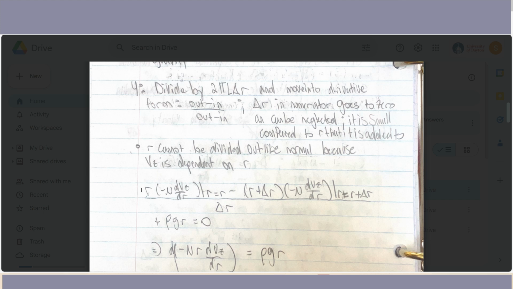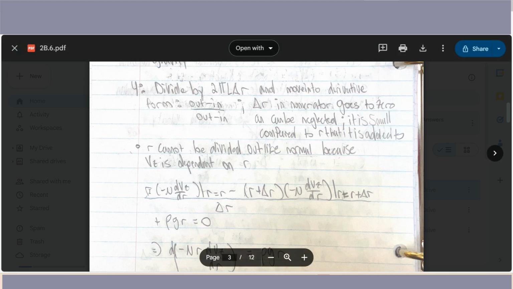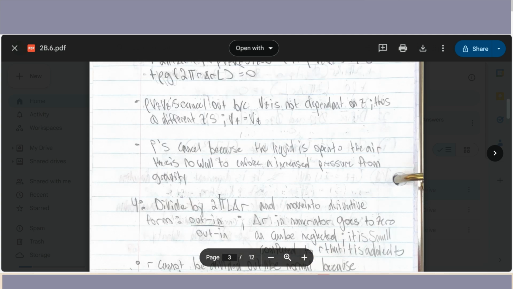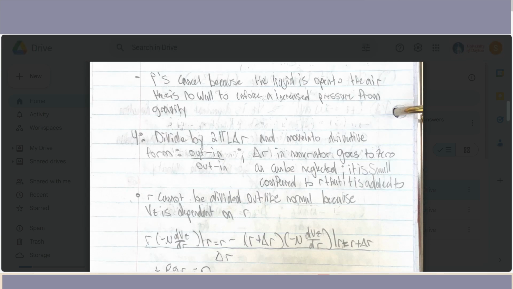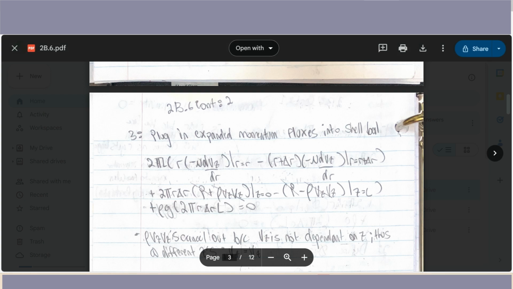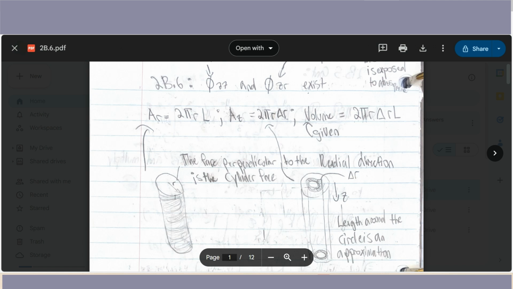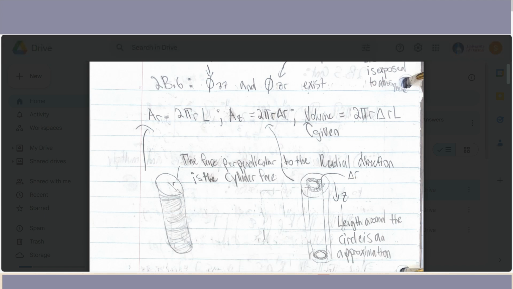Oh yeah, and by the way, this R plus delta R, that's because this surface, 2 pi L, is this surface. As R changes, this surface gets larger. So on the outside, say this is R plus delta R, the surface will be obviously this whole thing.